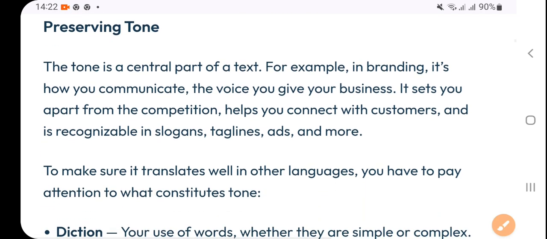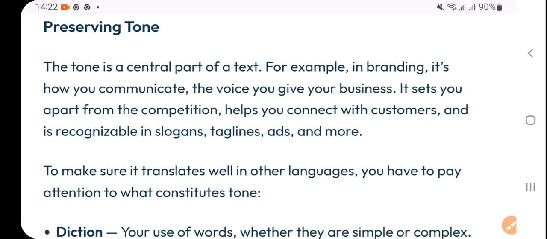Now, preserving tone. The tone is a central part of the text. For example, in branding, it is how you communicate, the voice you give your business, right? It sets you apart from the competition, helps you connect with customers, and is recognizable in slogans, taglines, ads, and more.